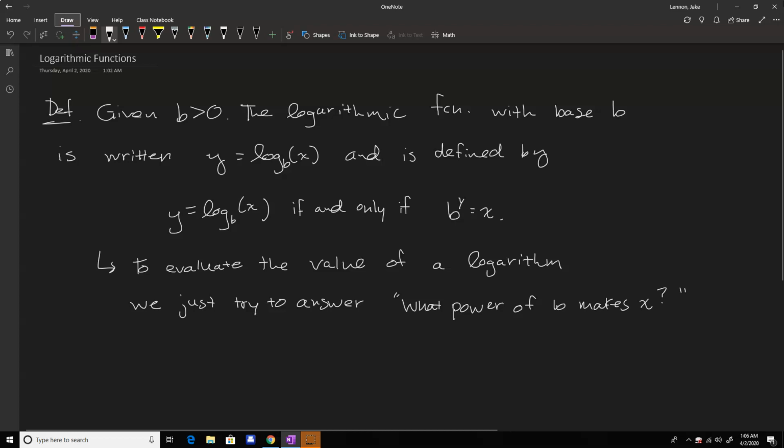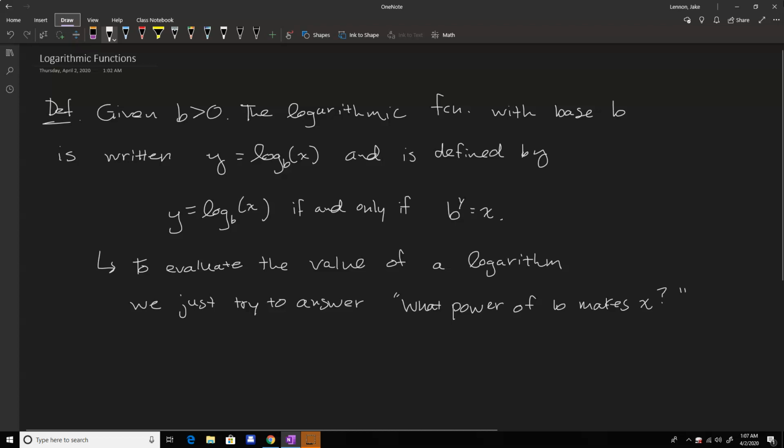Now, we won't always be able to answer this exactly from mental math, but we can for a great number of values, and that'll help us understand how to plot their graphs and get a reasonable understanding of what the value should be. But for very specific values, a lot of times we'll have to appeal to our calculator.